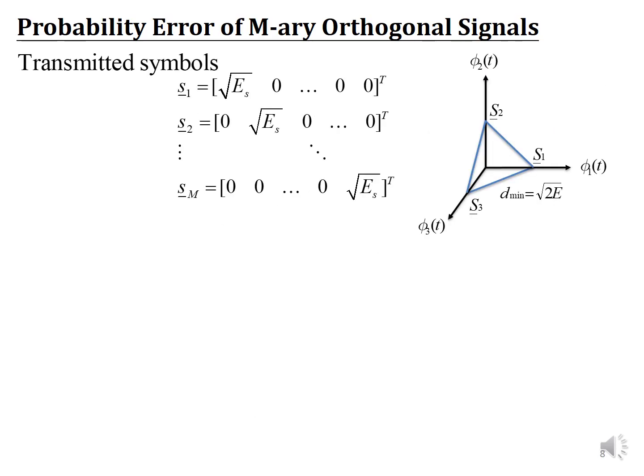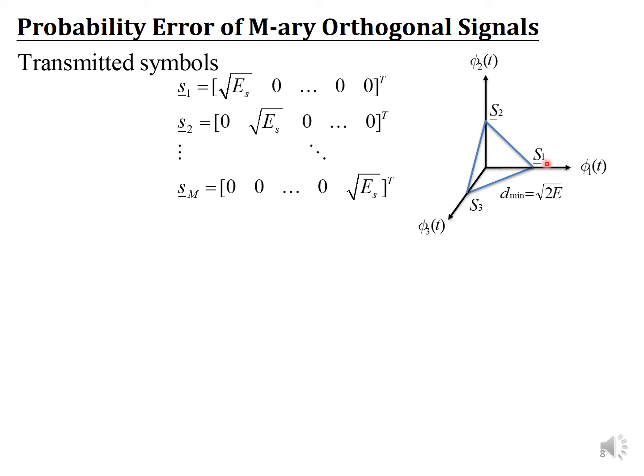Okay, so the next modulation would be the M-ary orthogonal signals. That extends the orthogonal signaling from the binary, two-dimensional signal to M-dimensional signals. Now suppose we have M different symbols, and each symbol has energy on one of the orthogonal bases, and we have M different bases.